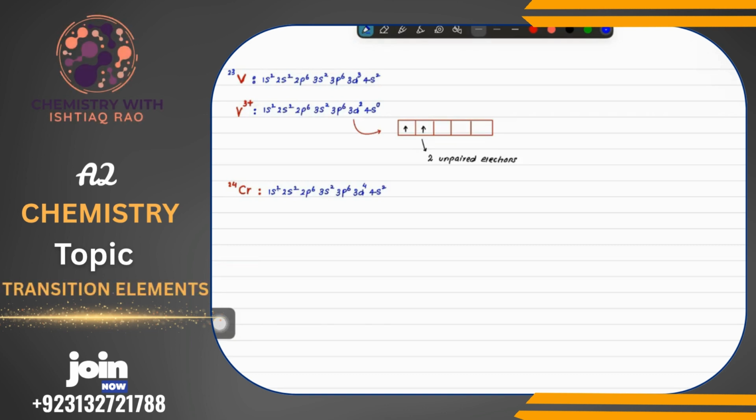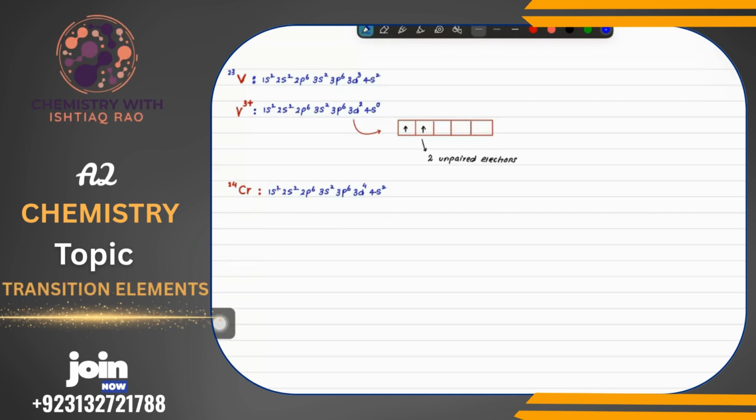So I'm going to revise it. Of course, you have discussed this one. There are two orbitals which are more stable. Number one is full filled and number two is half filled. As we know, the 3d orbital is going to have 10 electrons. 10 electrons means it's full filled, so it would be more stable.